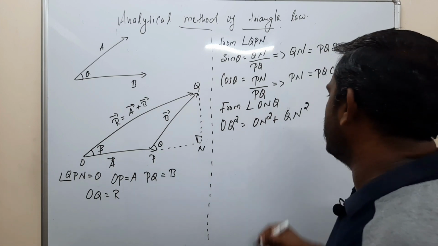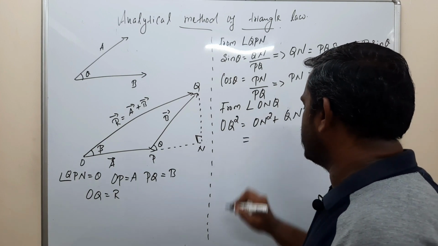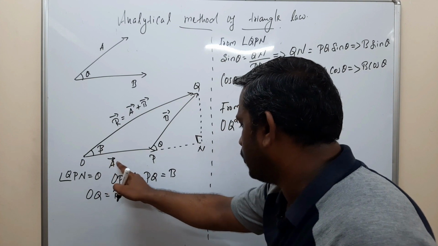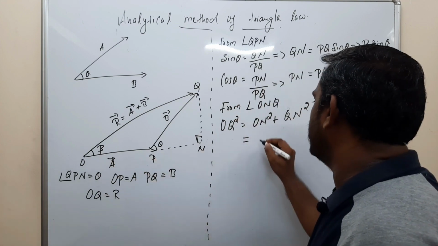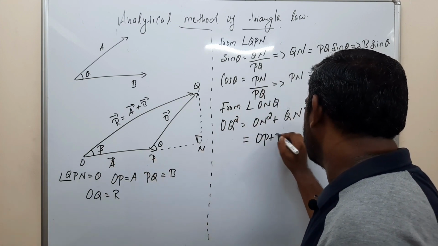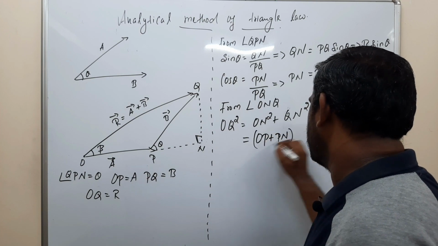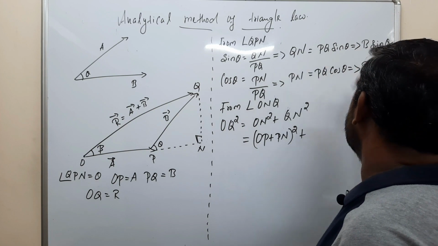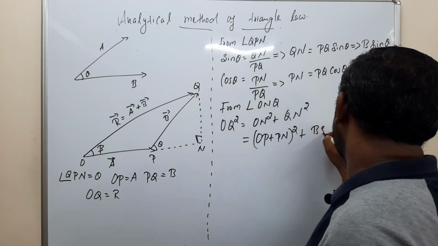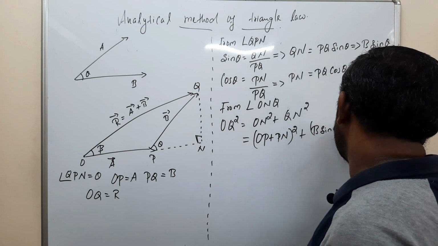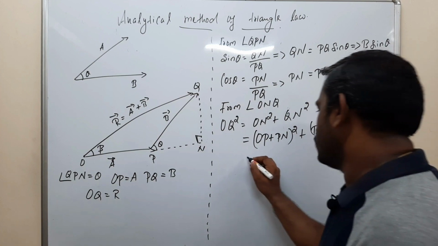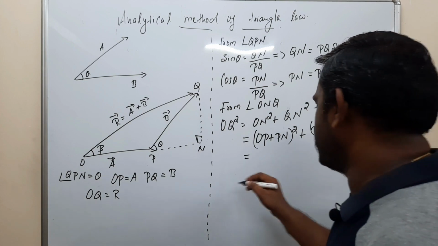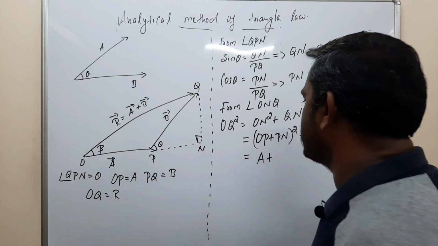What is ON? We can write ON is equal to OP plus PN, so (OP plus PN) square plus, what is QN? That is B sin theta, (B sin theta) square. So that's equal to, what is OP? OP is equal to A, plus, what is PN?